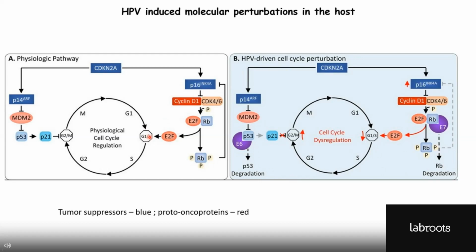If you look at the normal physiological pathway, you don't see a lot of changes, because E2F and p53 provide very nice cell cycle regulation in the normal physiological state. While in HPV, it is controlled by E6 and E7.